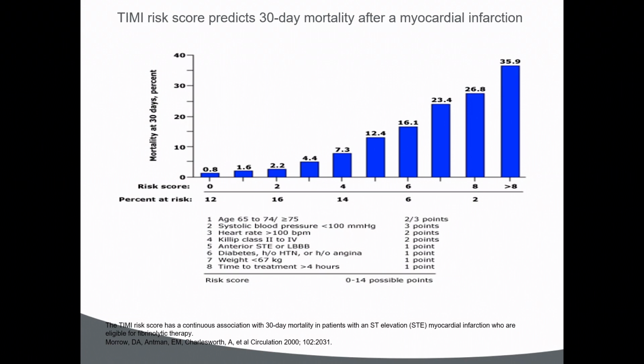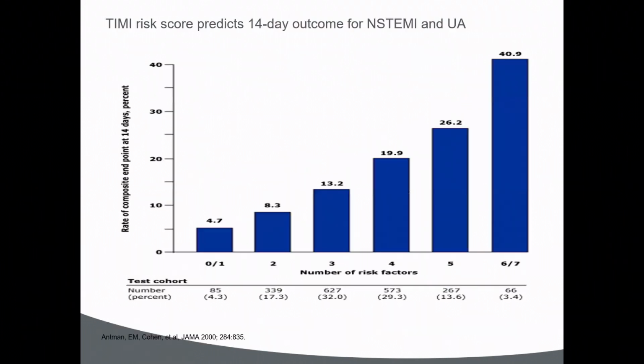And then as it continues to go up, that number just keeps going up quite significantly. Same thing here. TIMI risk score also predicts 14-day outcomes for non-ST elevation MI and unstable angina. So in terms of just looking at risk, those patients should be really focused on who are the ones who have those higher risk scores as far as how aggressive we want to be with their treatment, both medically and invasively.